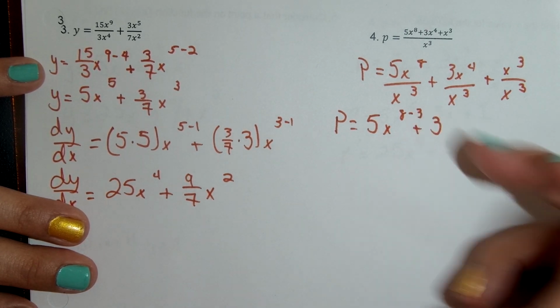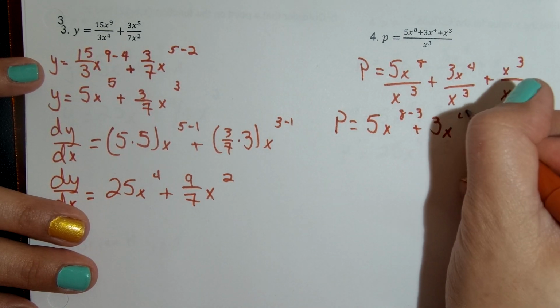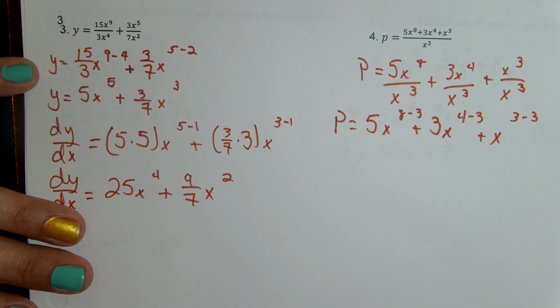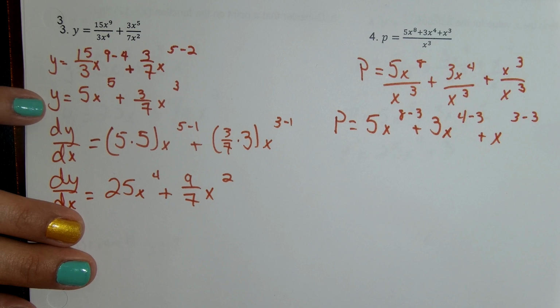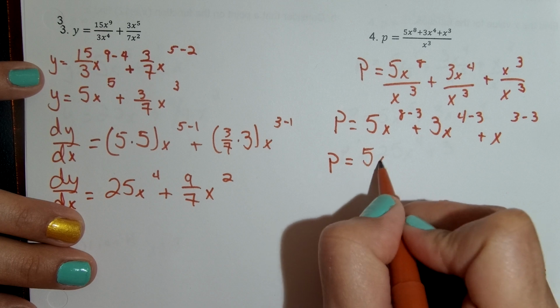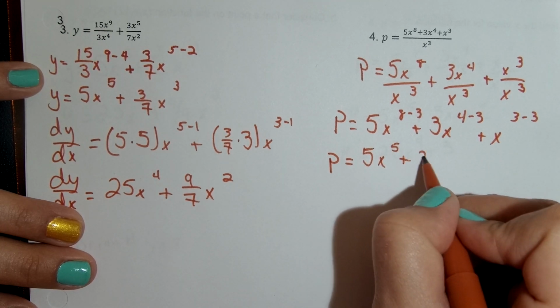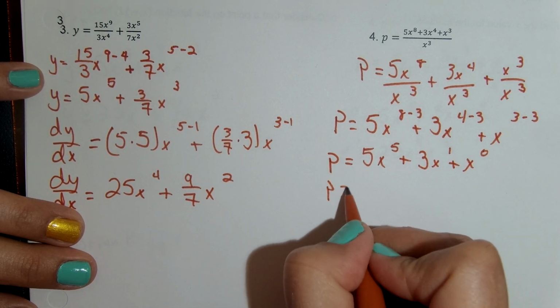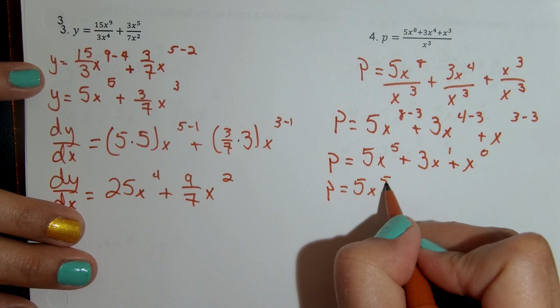Right now I'm just taking the exponents and subtracting them. Then I'm simplifying. Remember, x to the 0 is 1.